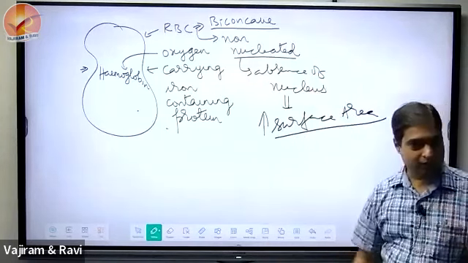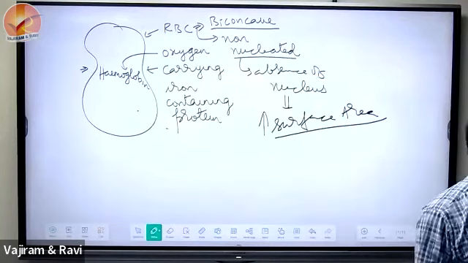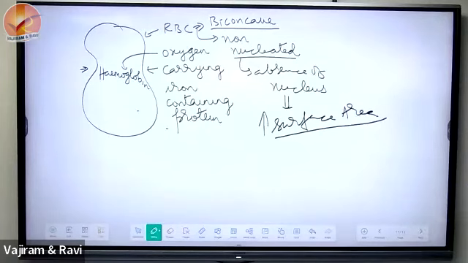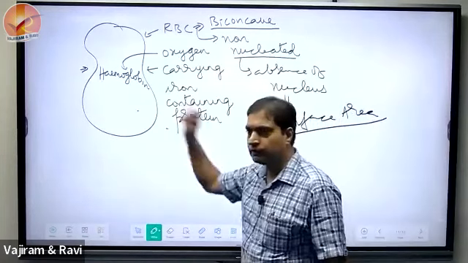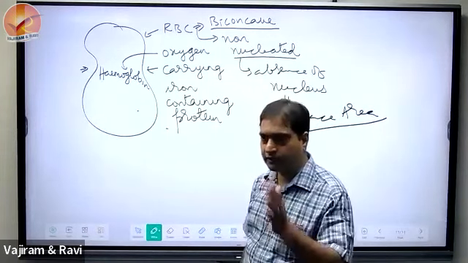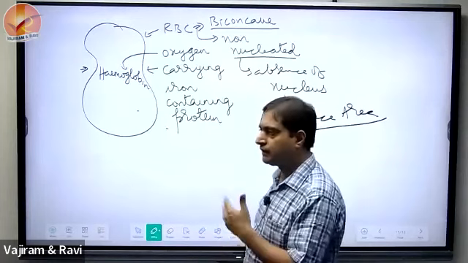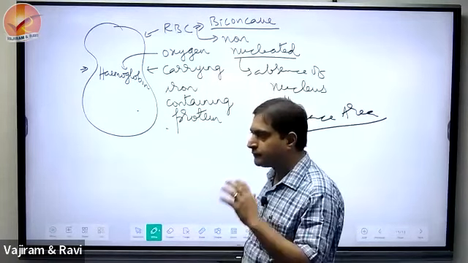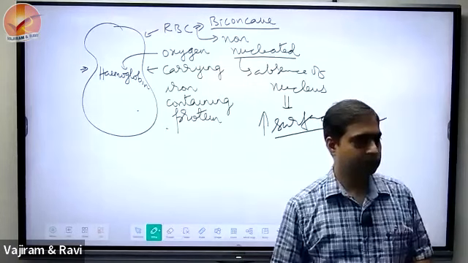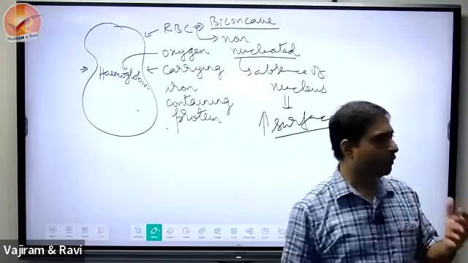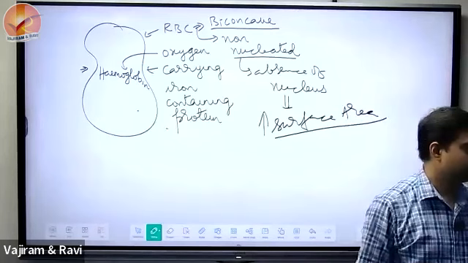So what is the rationale behind RBC becoming non-nucleated? Why is the nucleus absent in the red blood cell? So that it can increase the surface area to accommodate hemoglobin and maintain the oxygen carrying capacity required by the body. So absence of nucleus is an adaptation in our body so that it can maintain the oxygen carrying capacity.